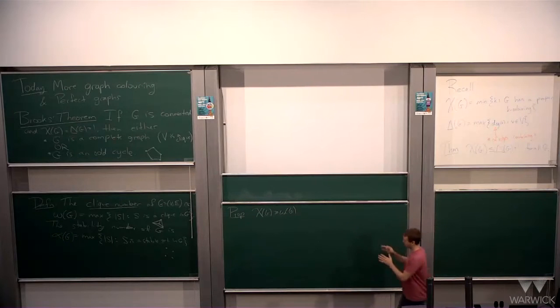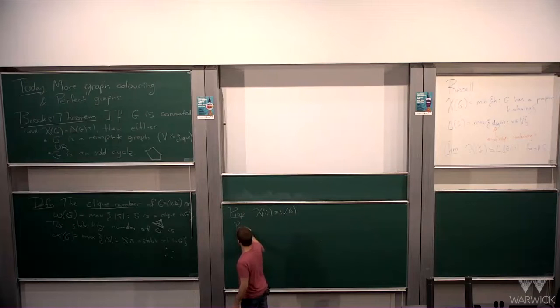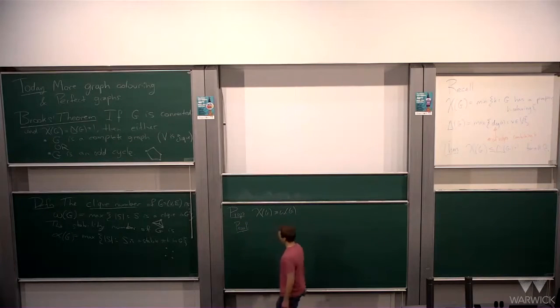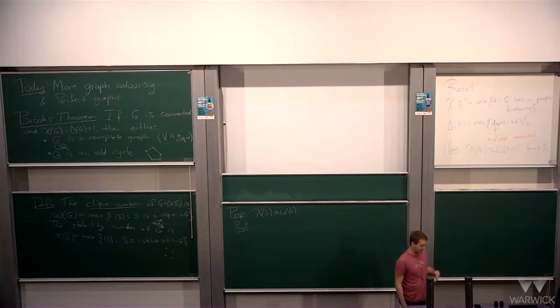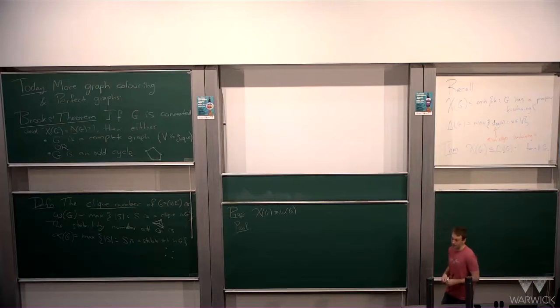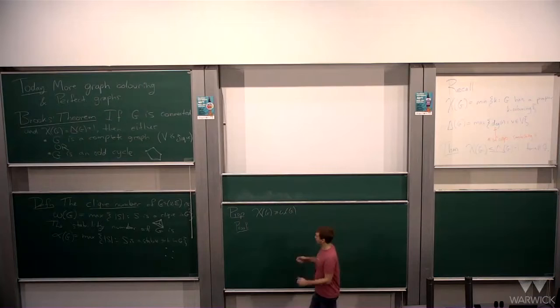But let's just prove this simple lower bound. It appeared in the background of yesterday's lecture, because yesterday we were talking about coloring a clique, and on a clique you have to use distinct colors.